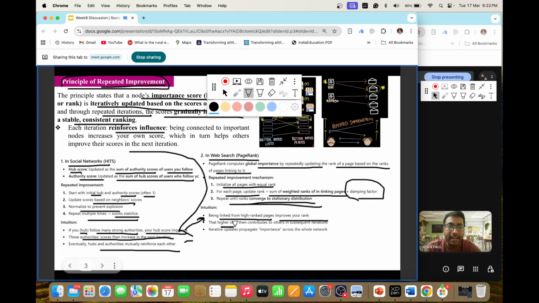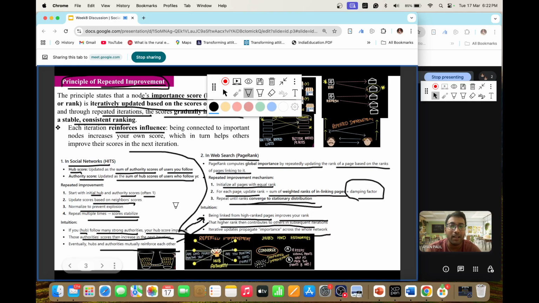That higher rank then contributes to subsequent iterations. There also, the authorities' scores increase in the next iteration. And eventually hubs and authorities mutually reinforce each other. Here, iterative updates propagate importance across the whole network. So you can draw the parallels between HITS and PageRank.